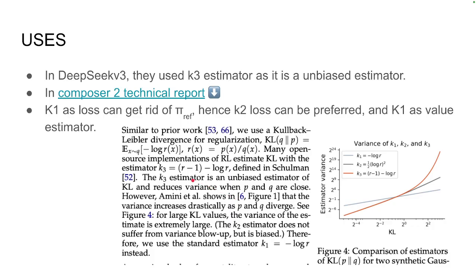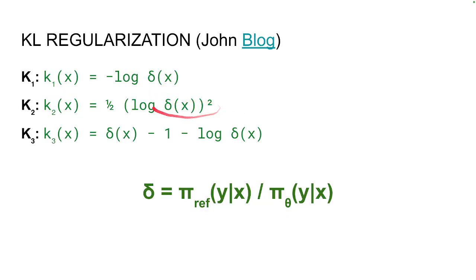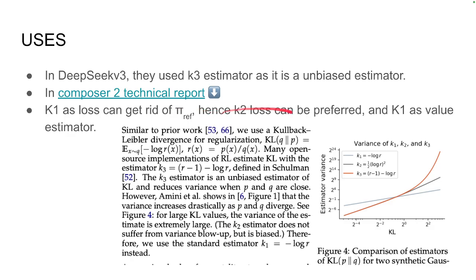So when you're calculating the gradients in your loss, the pi ref is not present. So researchers generally suggest using K2, which is this one, where the pi ref doesn't vanish, as a loss, and K1 as a value estimator, because this doesn't have the problem that K3 has, where P and Q stray away too much.